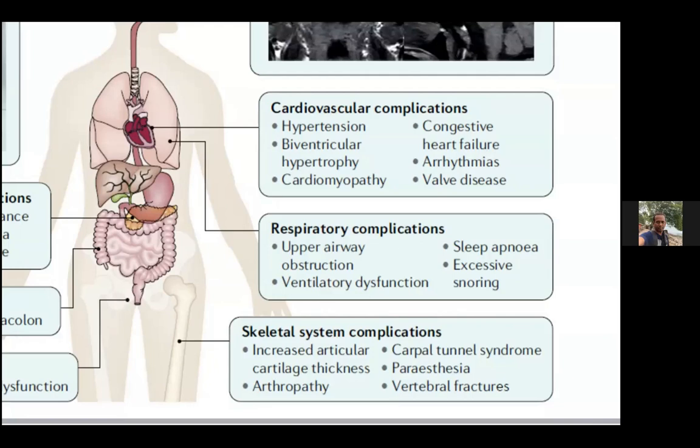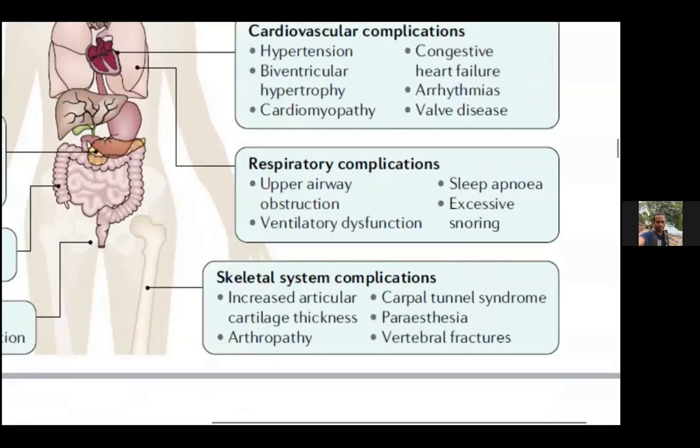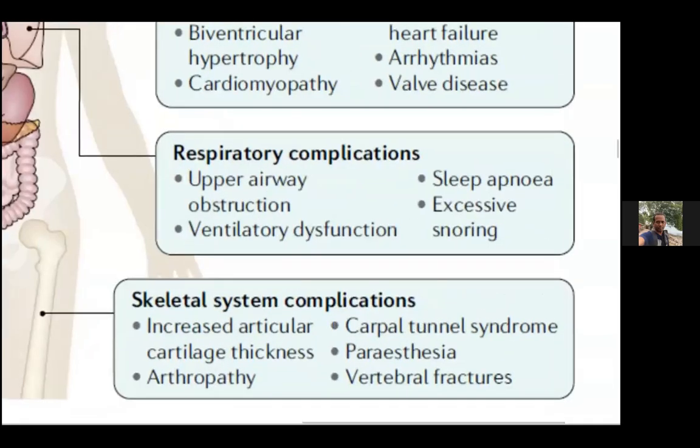Prolapse of valves. Coming to the respiratory complications, patients would have upper airway obstruction because of macroglossia, the tongue falling back, and patients sometimes develop hoarseness of voice because the vocal cords become thick and swollen.